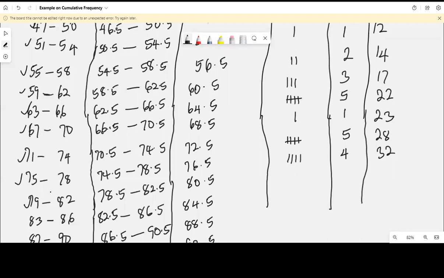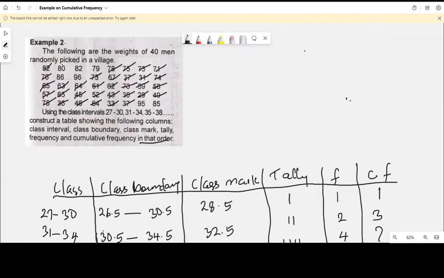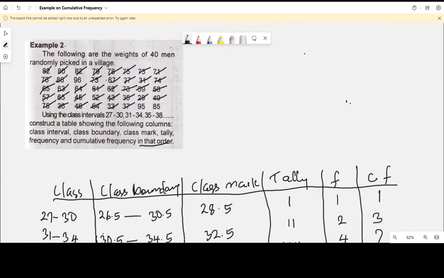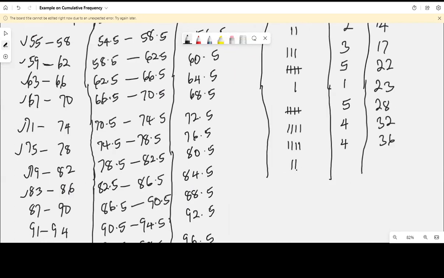The next interval is 79 to 82. 1, 2, 3, and 4. Frequency is 4. 4 plus 32 is 36. The next interval is 83 to 86. 1 and 2. 2 plus 36 is 38.